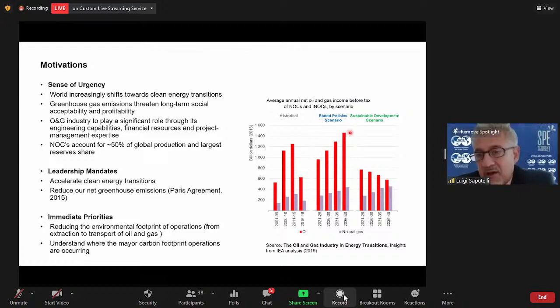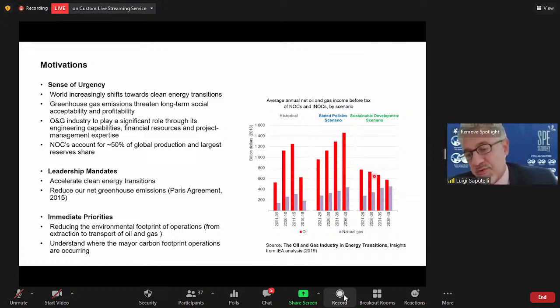Now, under the so-called Sustainable Development Scenario, which is supported by the United Nations and is also in accordance with the Paris Agreement, there will be a drastic reduction in this income because of the so-called carbon tax inputs. Oil and gas, the hydrocarbon products, will also be reduced with alternative energies.